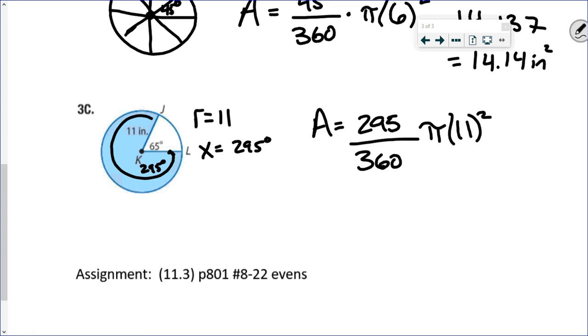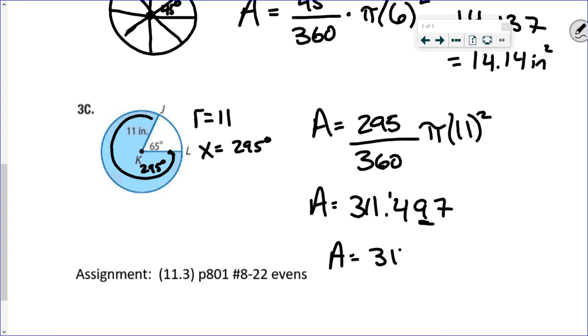Plug that into your calculator and you get area equals 311.497. To the nearest hundredth, this rounds up to 311.50 inches squared.